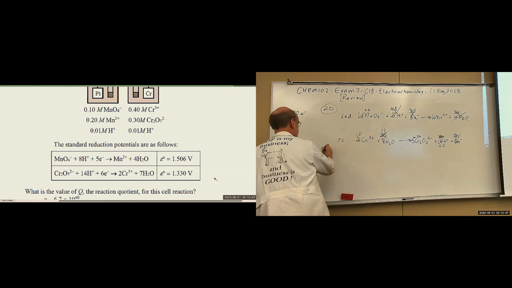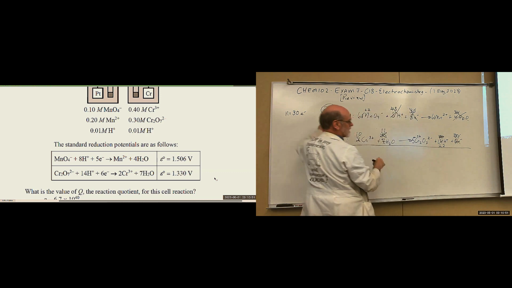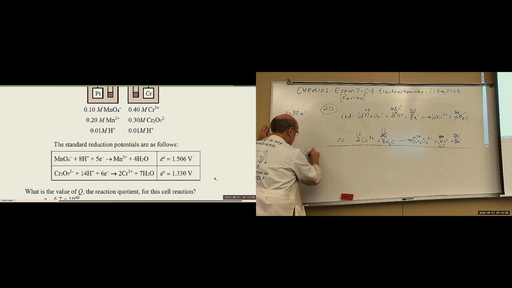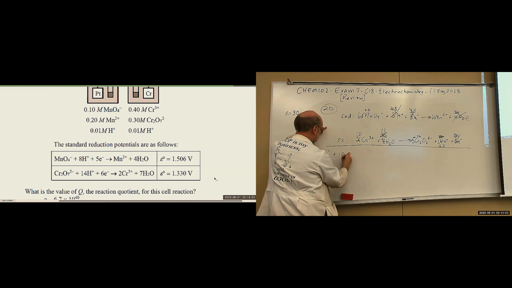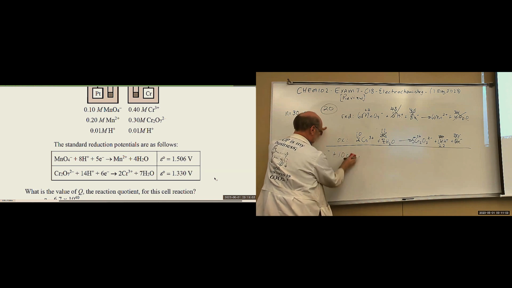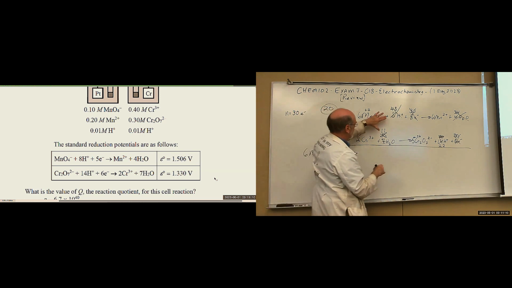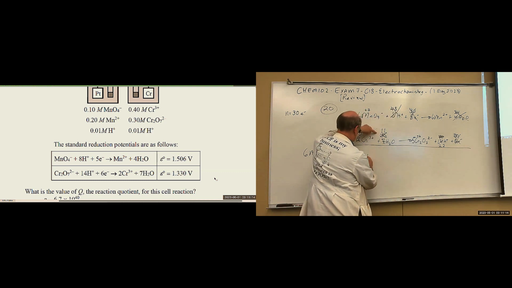Okay, now we can add it together. All right. So we got 6 MnO4 minus plus 10 Cr. That should be big C, little r. Okay, plus. And then that was gone, that was gone. We're left with 11 water.